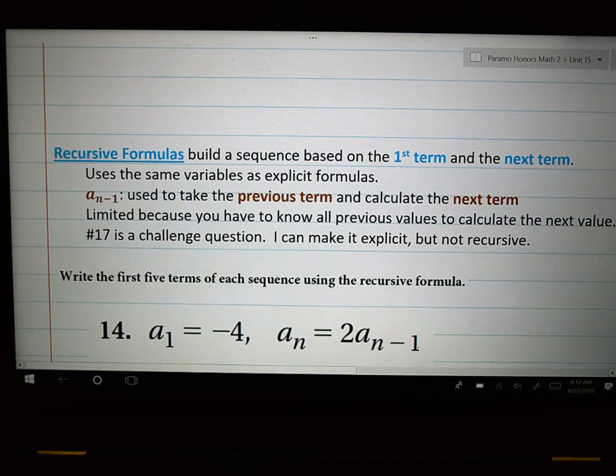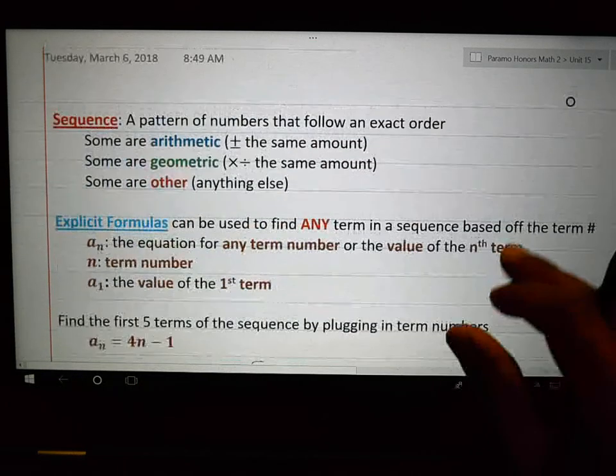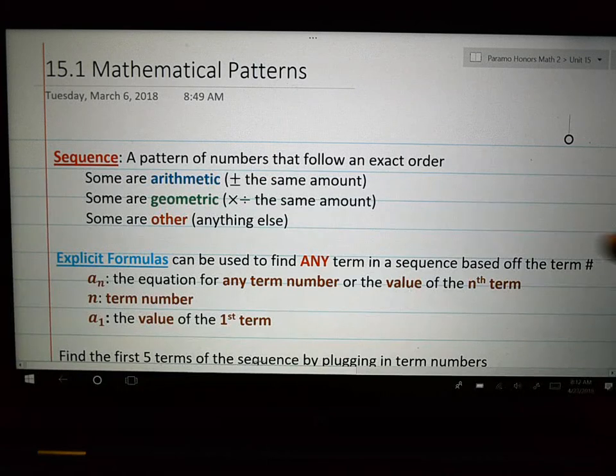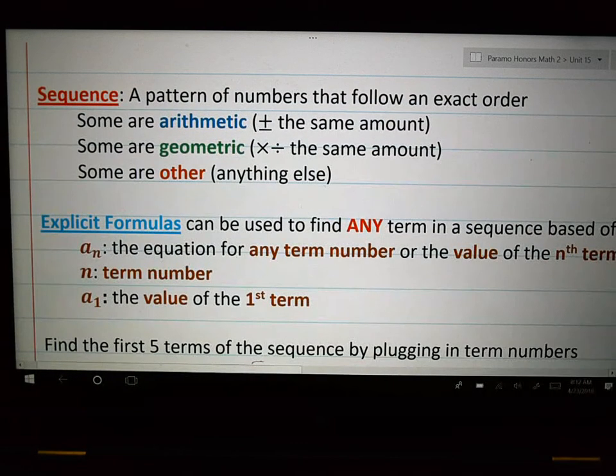What you won't recognize in the later sections are the things called series. That's where we add sequences together, and that will come later on in the unit. So imagine what you did last year as a stepping stone for what you're going to do this year. This year is going to take you a little bit deeper into the math behind all this stuff.